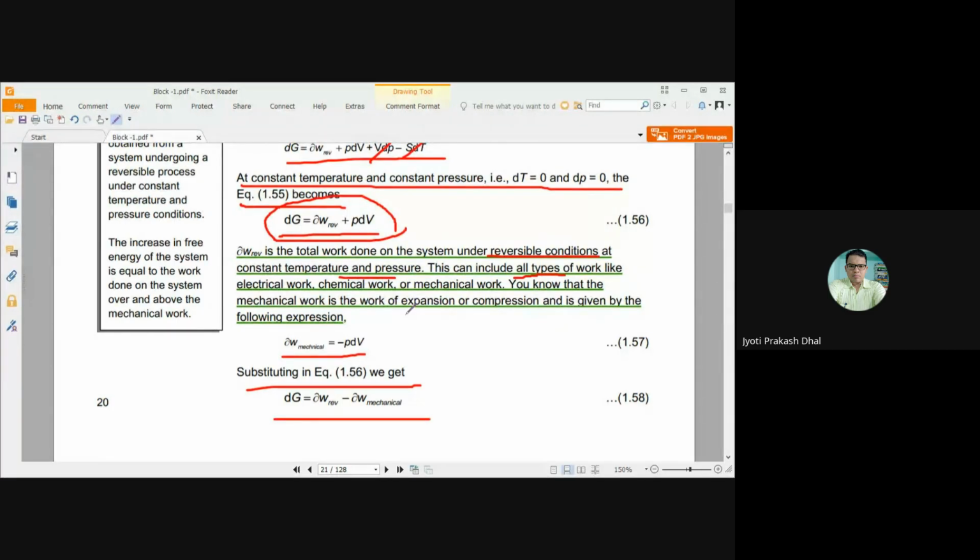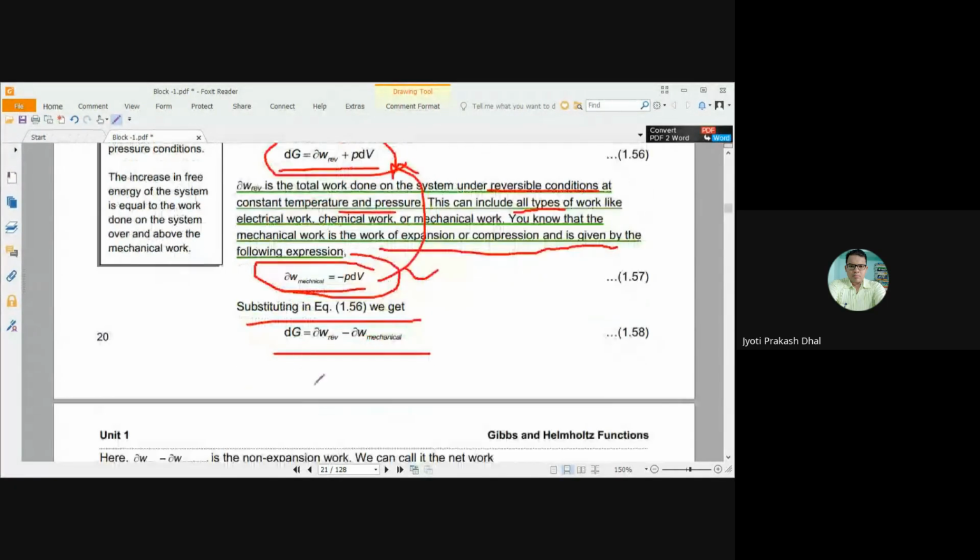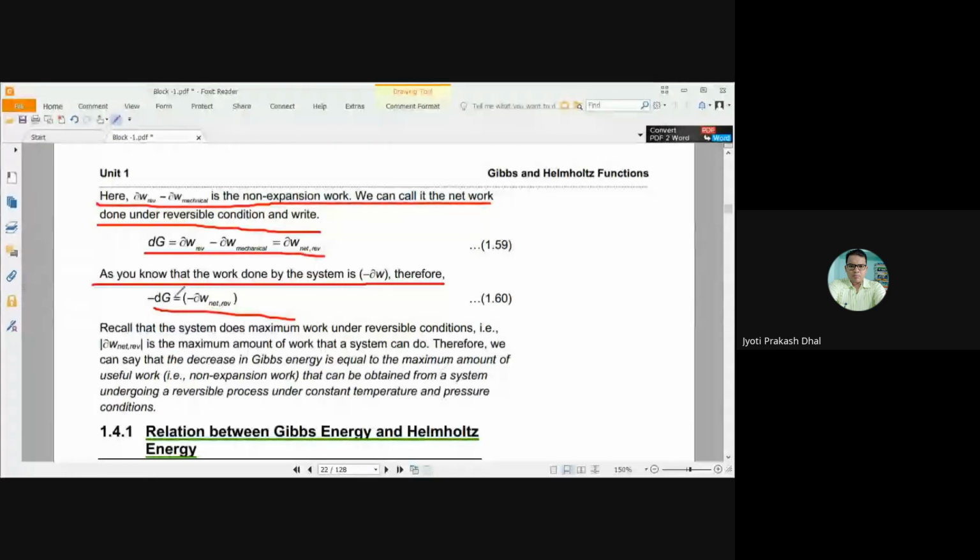You know that mechanical work is work of expansion and compression, and if you only consider the mechanical work, dW mechanical equals minus P dV. Now substituting this value in the equation, we can write dG equals dW reversible minus dW mechanical. So dW reversible minus dW mechanical is the non-expansion work. We can call it the net work done under reversible condition, and write dG equal to this. Hence the work done by the system is there, and that is a negative value.